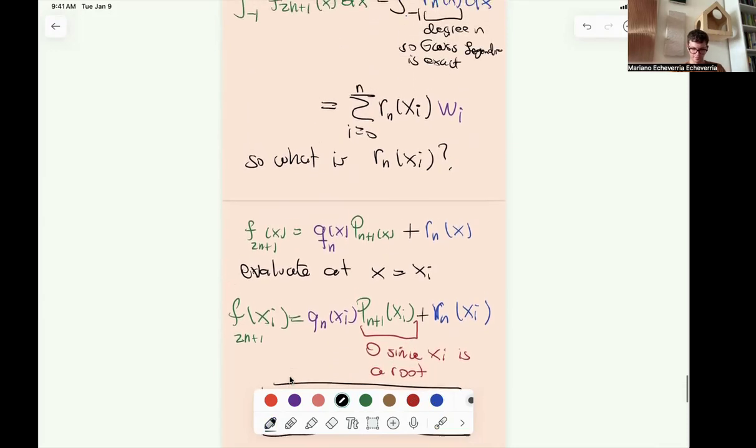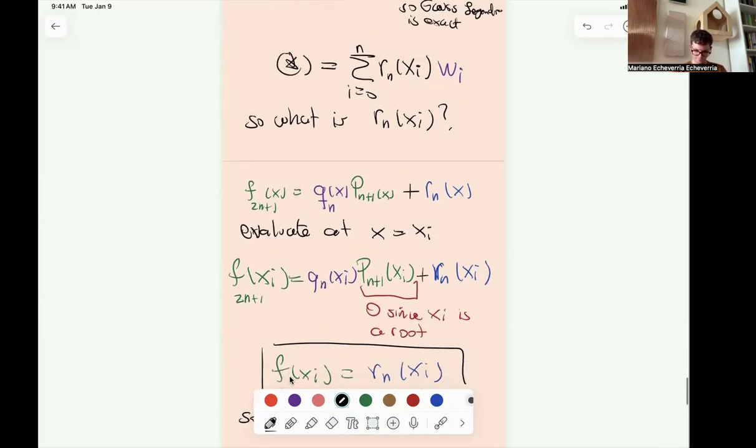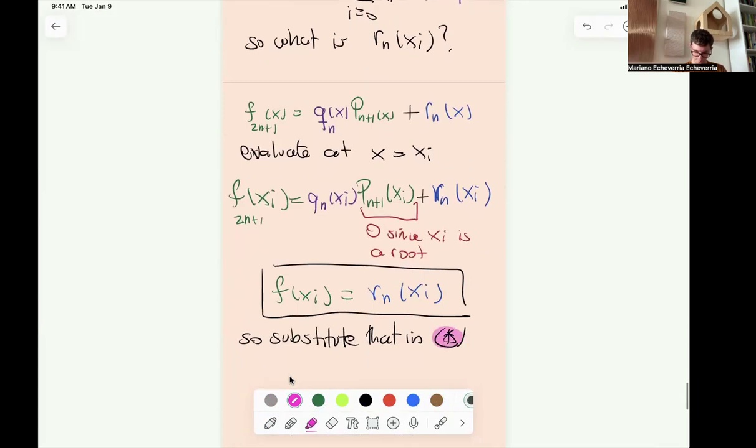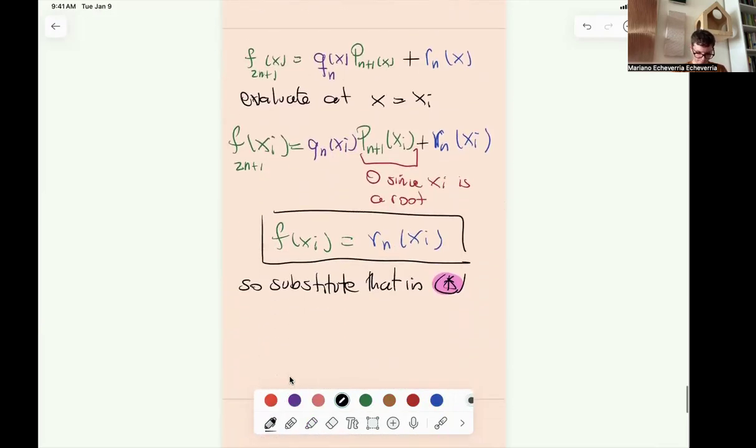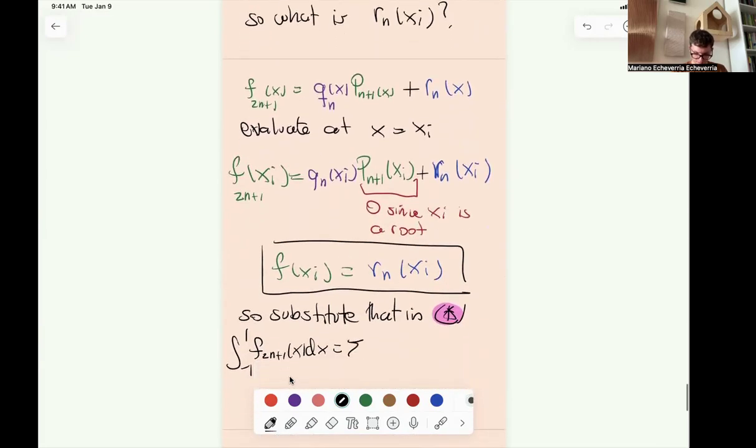So substituting that back into the equation that we just found, called asterisk: we found that the integral from -1 to 1 of f of x dx was the same as the sum from i equals 0 to n of r of x_i times the weight.